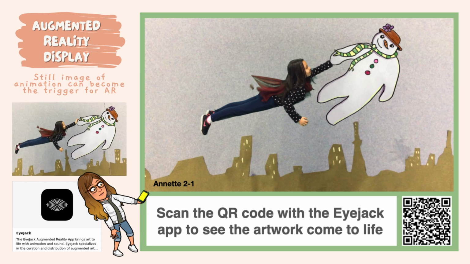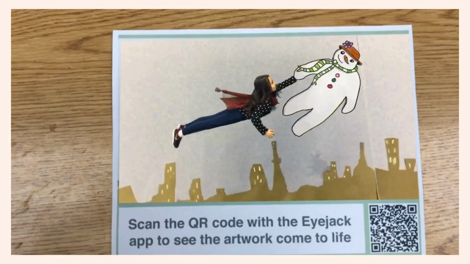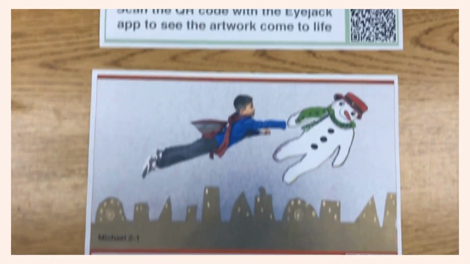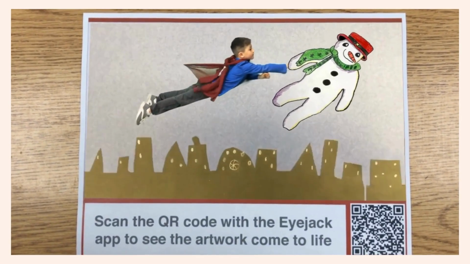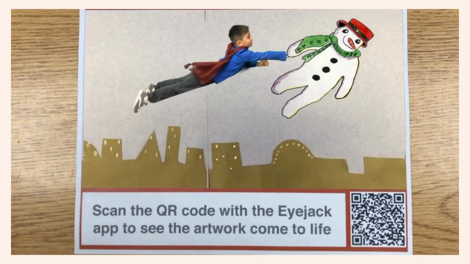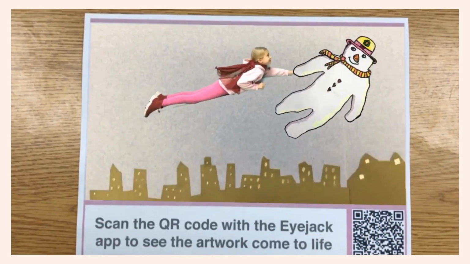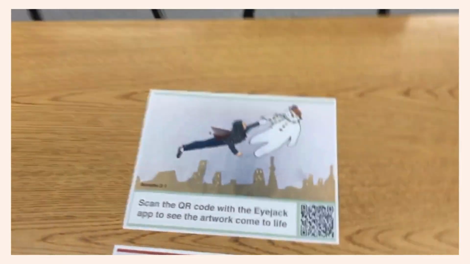I like to incorporate that QR code into a graphic design and then put this out in the hallway at schools so that passersby and students in the hallway could scan it with the iJack app on an iPad or a phone and see the animation associated with this digital image. So go ahead and scan and see if you can see this image come to life.